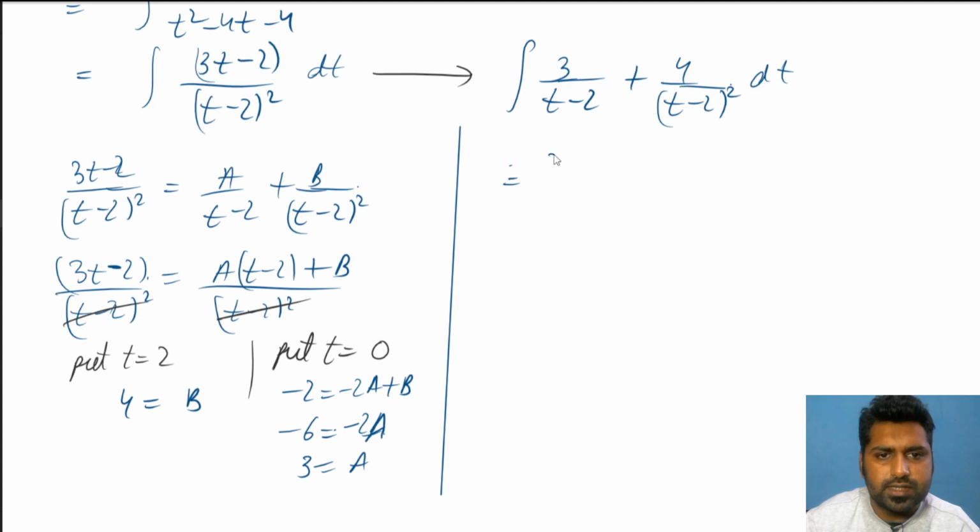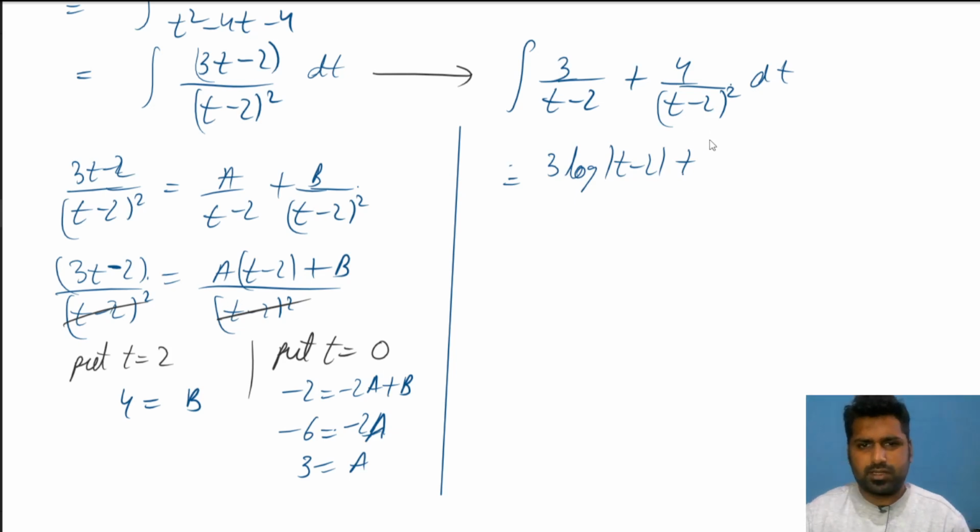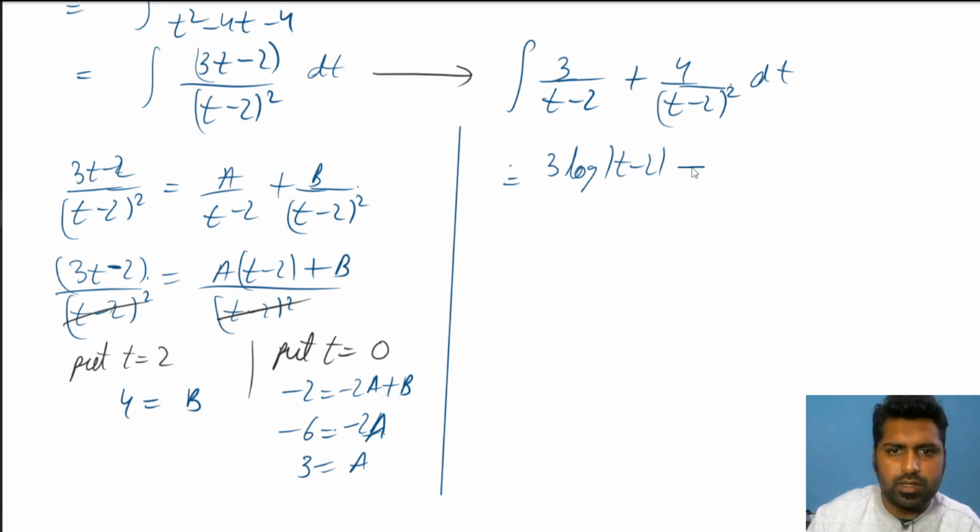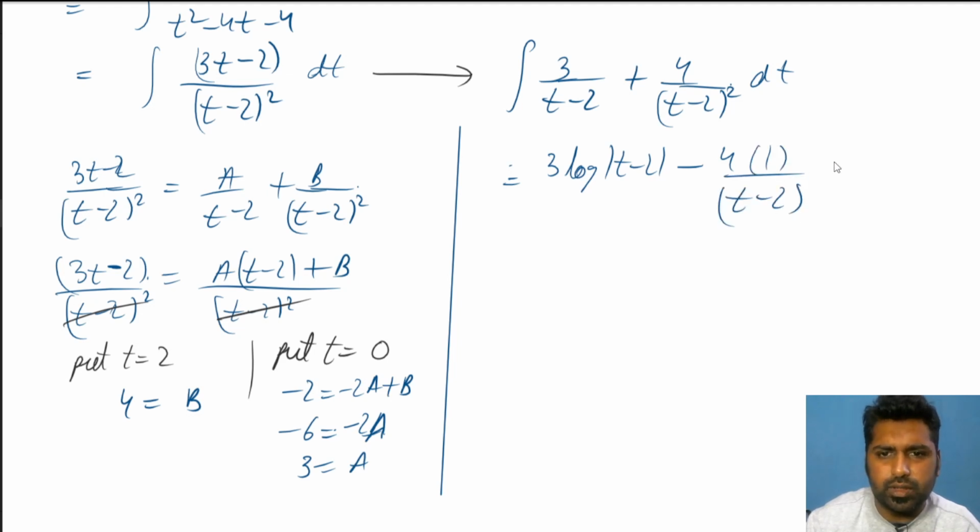Integration of this is 3 log mod (t minus 2), plus, since integration of 1 by x square is minus 1 by x, 1 by (t minus 2) whole square integrates to minus 4 times 1 by (t minus 2), and the coefficient of t is 1, so we don't have to worry, plus c. That's your answer.